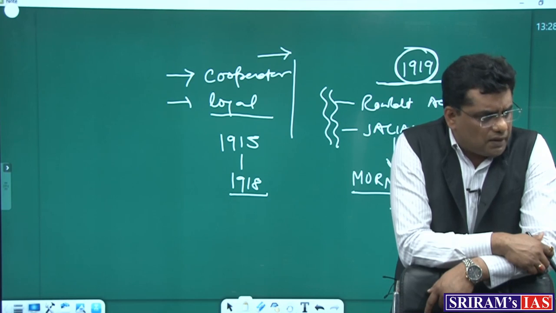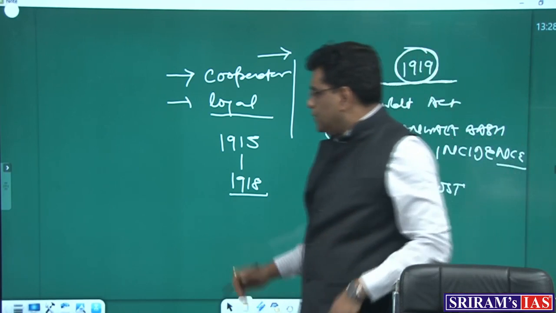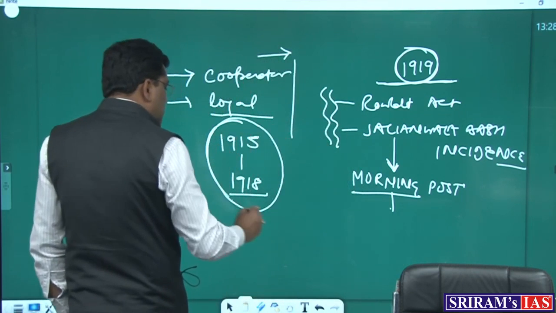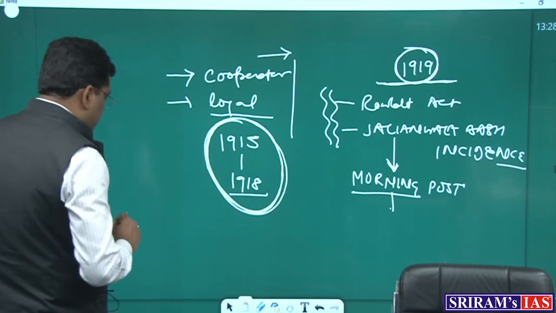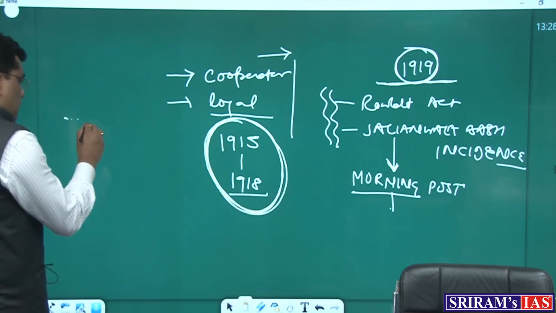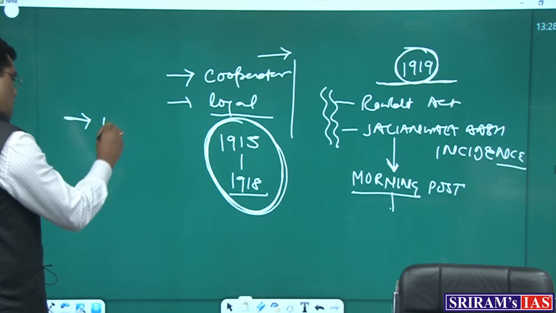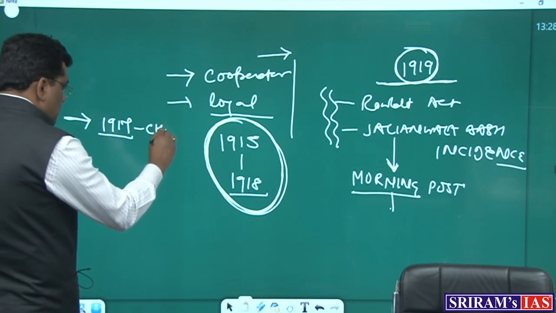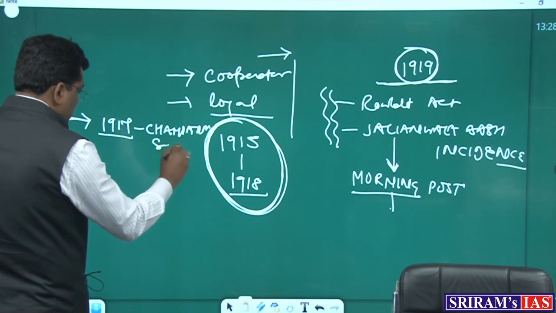So in this perspective, how will you remember the facts? The years 1915 to 1918, where we call Gandhi the cooperator and the loyalist. Gandhi led the movement called Champaran Satyagraha in 1917. Immediately, you put down all the facts and figures of Champaran Satyagraha.